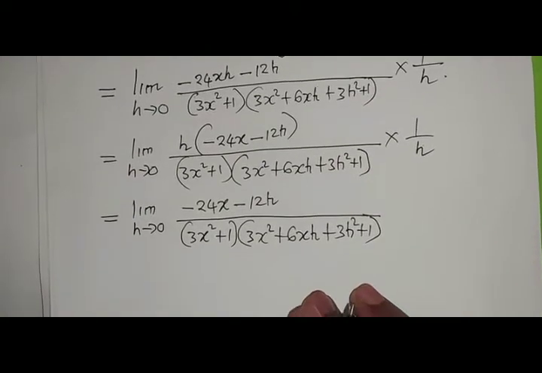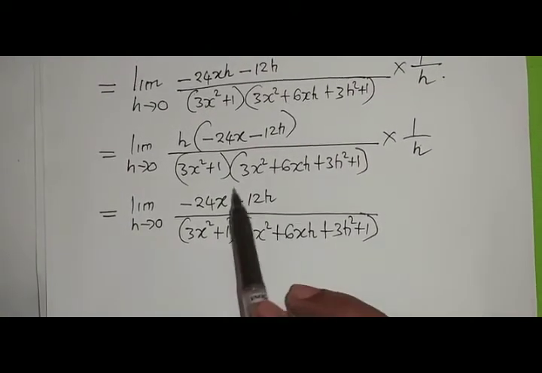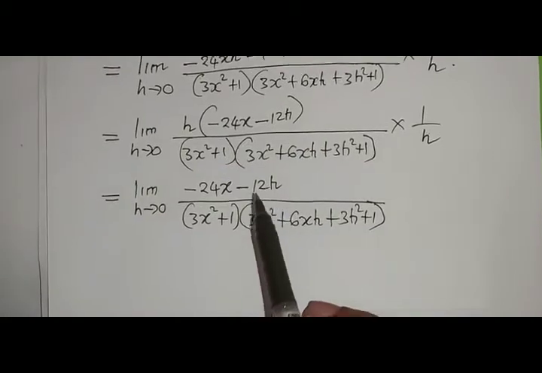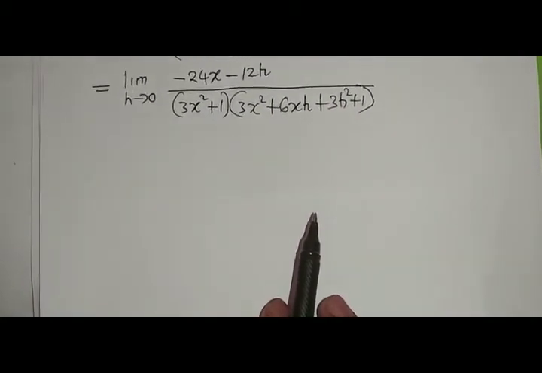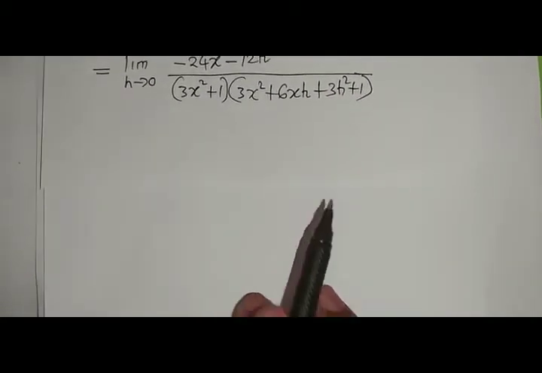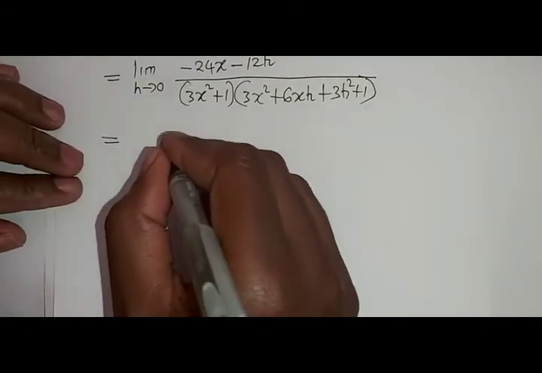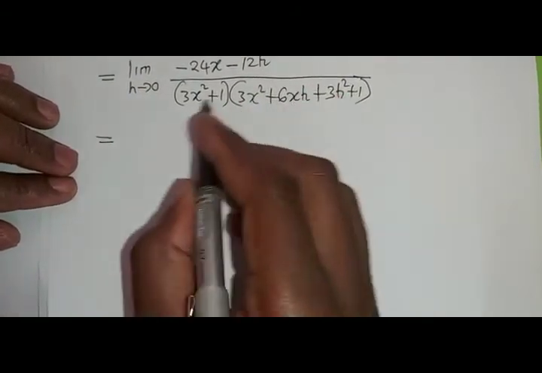And as we can see, we have divided already, which means eventually h is now 0. So where there is h, we now put 0.